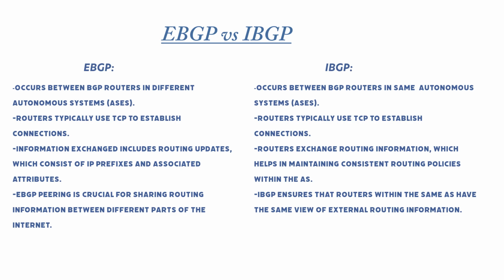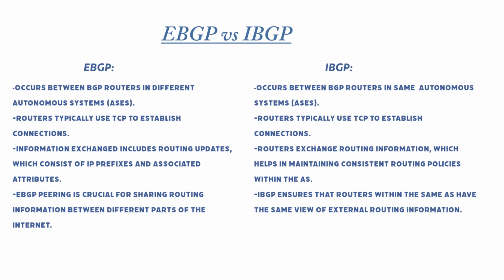IBGP ensures that routers within the same AS have the same view of the external routing information. That means, let's say device 1 and device 2 will have the same routing entries in their tables to reach the outside world. Device 1 can reach a particular IP, and device 2 can also reach the same IP if it's in the outside world.